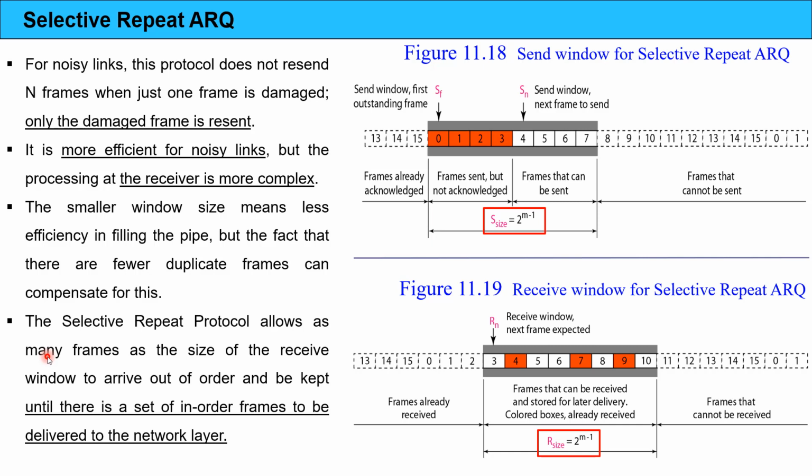Right. In this example, I received 7, I received 9. So when will I be shifting or sliding the window and delivering the data to the network layer? If I receive 3, what will be the shifting?